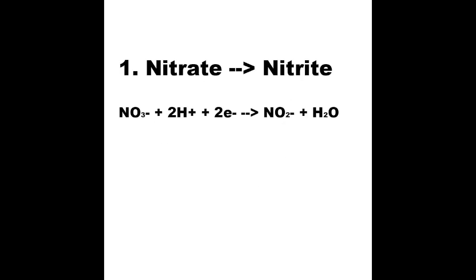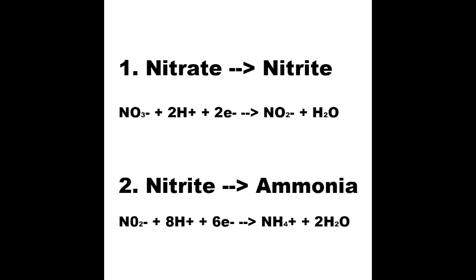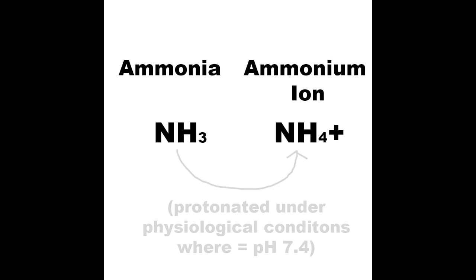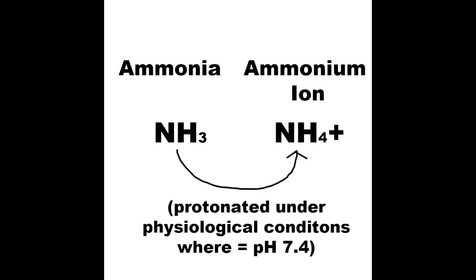In the first step, nitrate is reduced to nitrite, and in the second, nitrite is reduced to ammonia. Typically in the body, under physiological conditions, ammonia is present in its protonated form, or ammonium ion, which is NH4+.